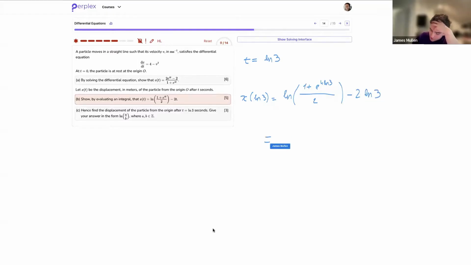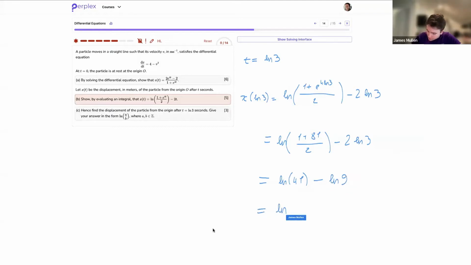Okay, so I'm going to get ln of 1 plus, and 4 ln 3 is ln of 3 to the 4, which is 81. So e to the power of ln 81 is just going to be 81. That's going to be divided by 2 then, minus 2 ln of 3. Okay, so in other words, I have ln of 81 plus 1 is 82, divided by 2 is 41, minus ln of 9 now, because I put the 2 in the exponent, and this becomes ln of 41 over 9.